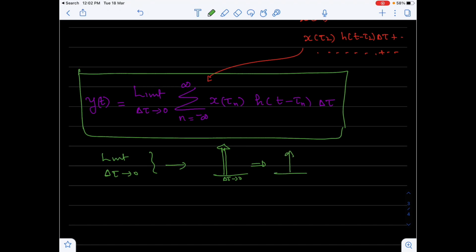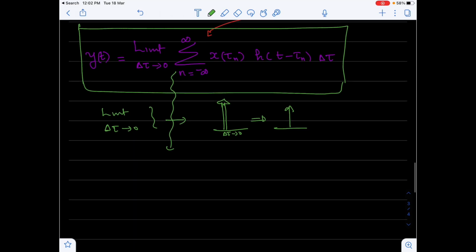So this summation will change. It will become very close points, or we can say it will become a continuous set of points. So the summation will change to integration, and the variable x of tau n will become a continuous variable x of tau.